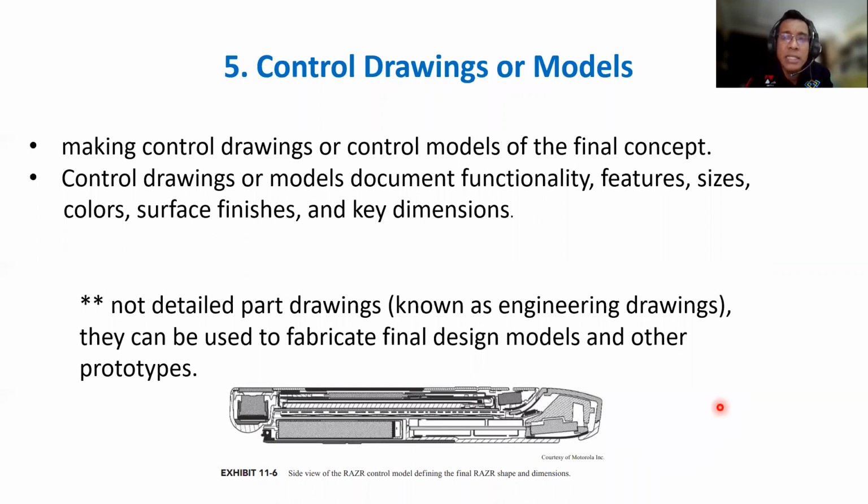So last, number 5, we still have another one. Number 5 is control drawing of models. In the control drawing or model stage, industrial design will complete their development process by making control drawings and control models of the final concept.